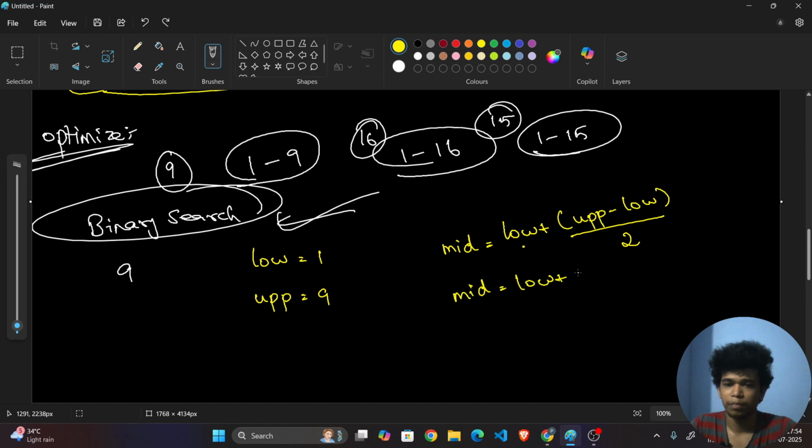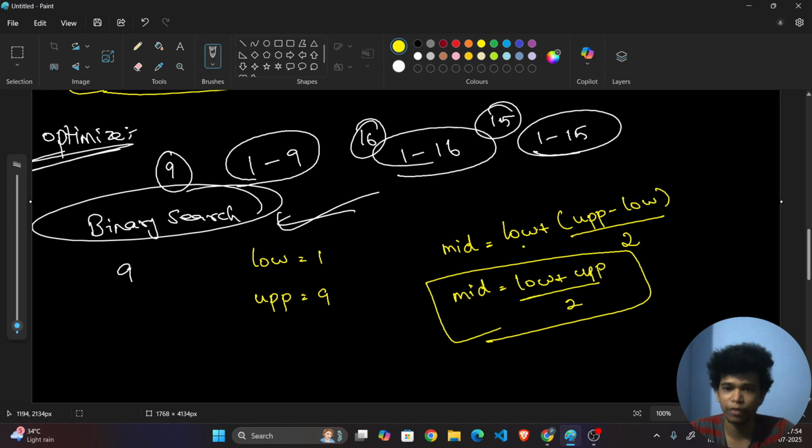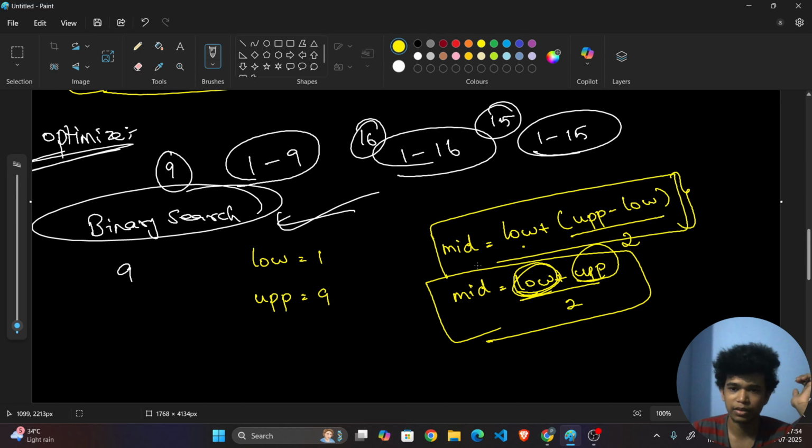So this is going to be my simplest mid formula, but when my upper limit reaches the int max and my lower limit is like 2 or 3, then it will overflow beyond int max. Or the upper limit is int max minus 1 and my lower limit is something like 3, then it will also go beyond int max. So to avoid that, we will be using this formula. Hope you understand this. Okay, so always remember this as a formula.